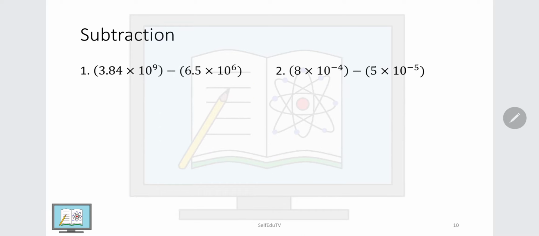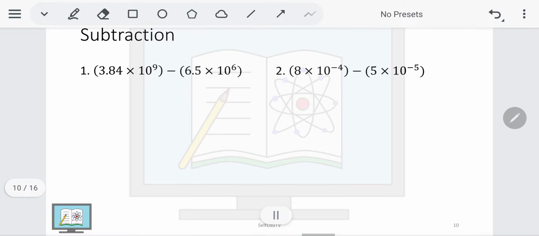How about subtraction? The way is the same. You have to change 10 to the power of 9 to 10 to the power of 6, and then you subtract accordingly. Okay, you may try first.